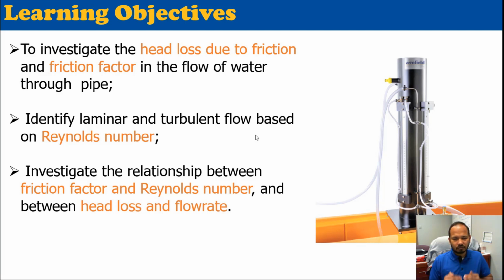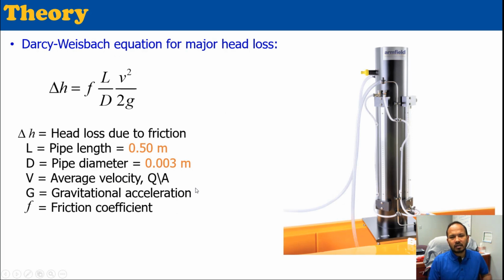Finally, once we're done with the test, we're going to investigate the relationship between the friction factor and Reynolds number, and between the head loss and flow rate. So we're going to plot the friction factor against Reynolds number and head loss against flow rate, and we're going to study those diagrams. So let's take a brief moment before we show you the demo of the test.